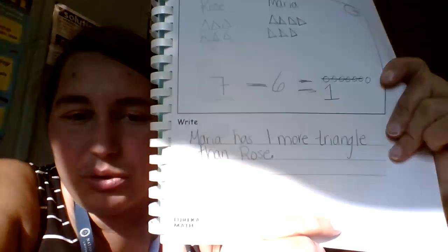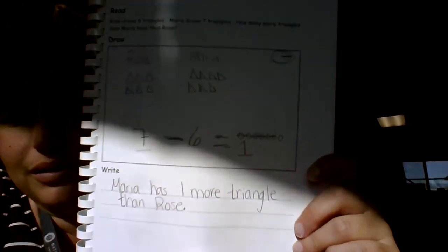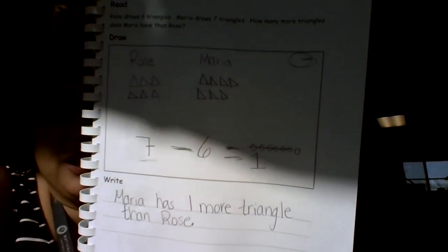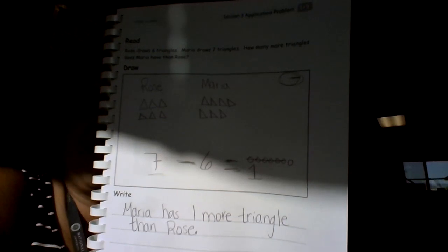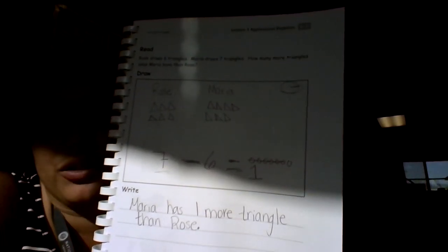At the end of a sentence, don't forget your period. So Maria has 1 more triangle than Rose. When you are done copying this, turn the page and get ready to start the rest of the lesson. I'm going to turn in just a second, so go ahead and pause, and then I'm going to turn the page. So this is your last chance to pause before I go ahead and turn.